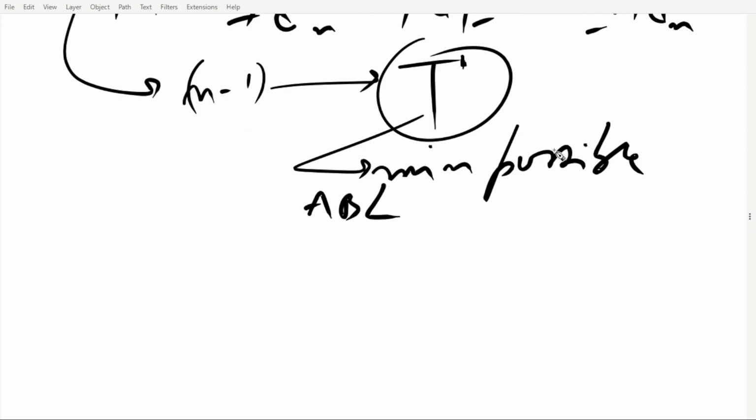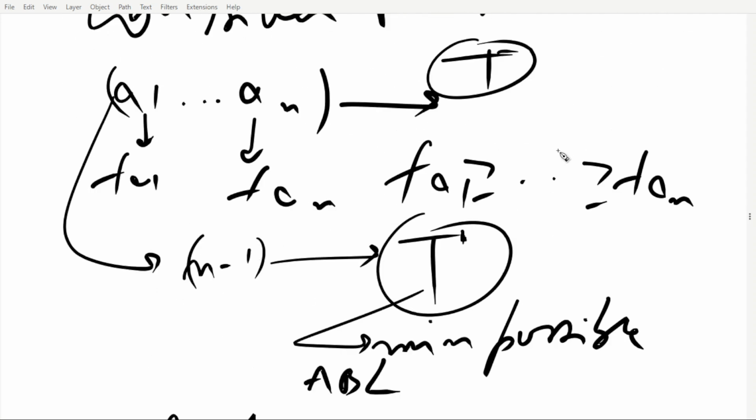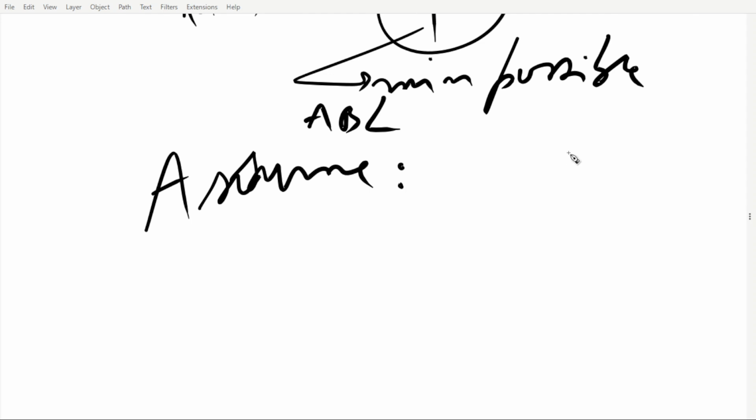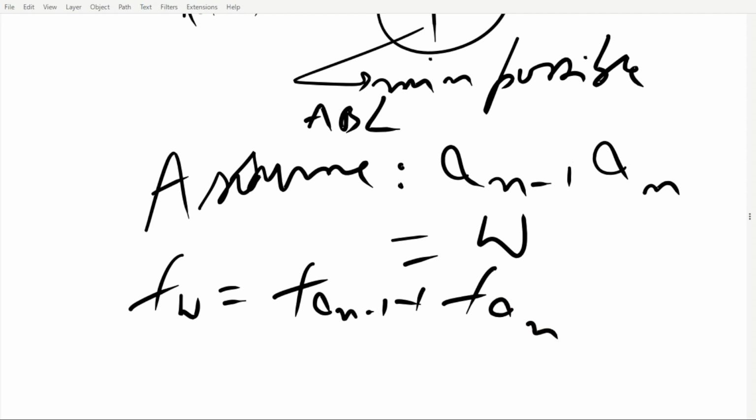So again for simplicity, assume that when we combine an minus 1 and an, we get w, with frequency fw equal to fan minus 1 plus fan.